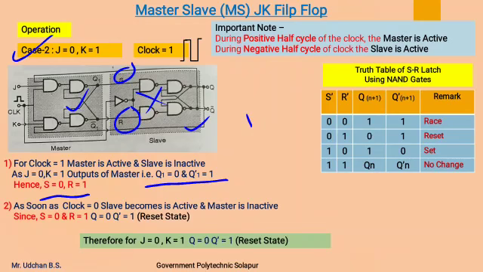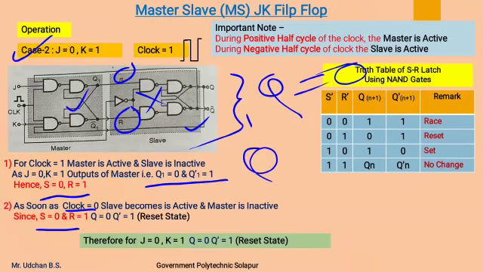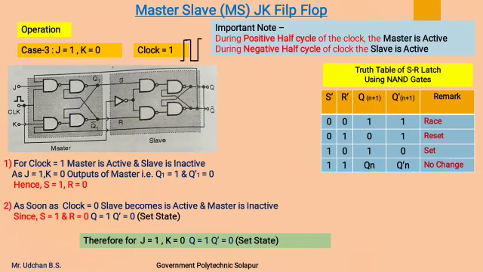Now, as soon as the clock becomes 0, the slave becomes active and the master inactive, and since S is 0 and R is 1, the output gets reset, that is Q becomes 0 and Q complement becomes 1. So for J 0 and K 1, the output gets reset.